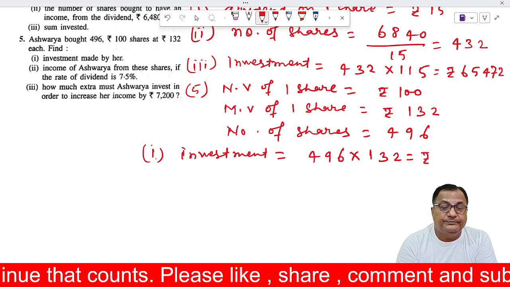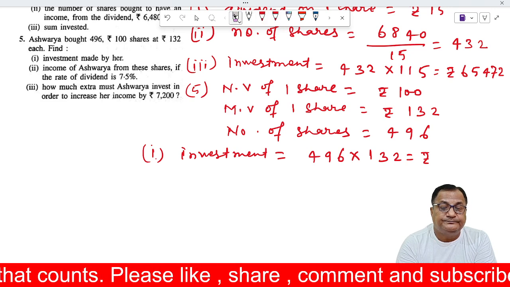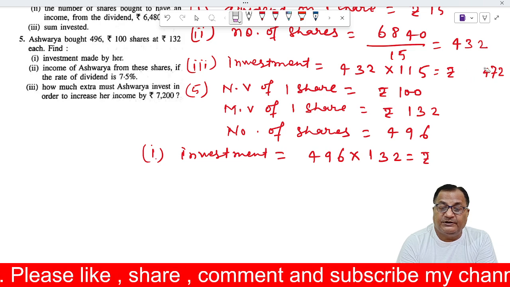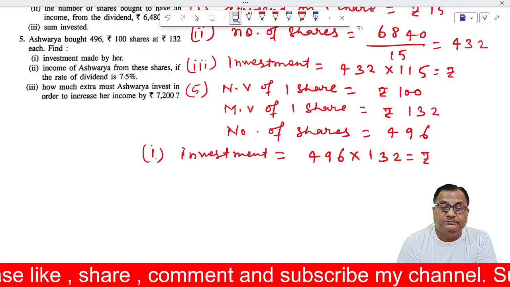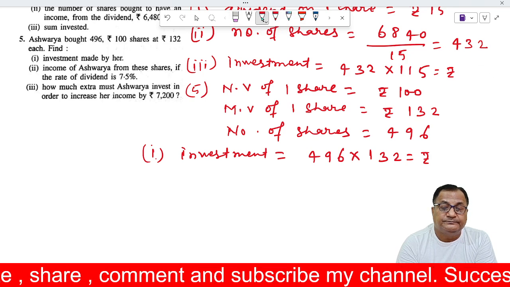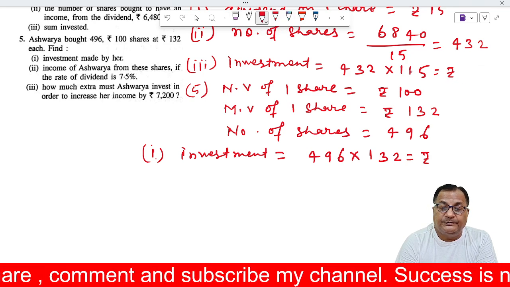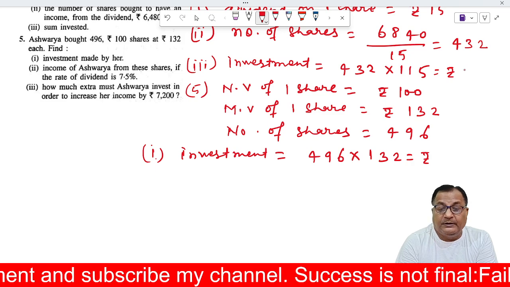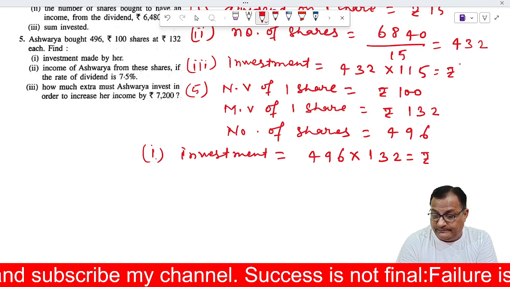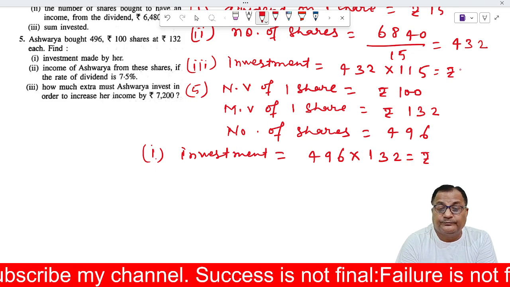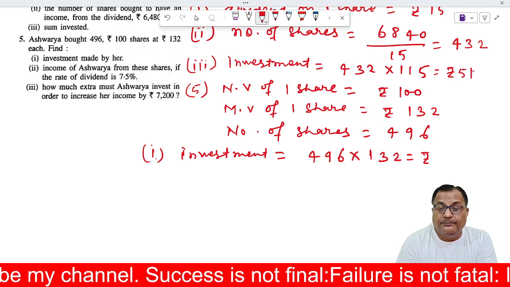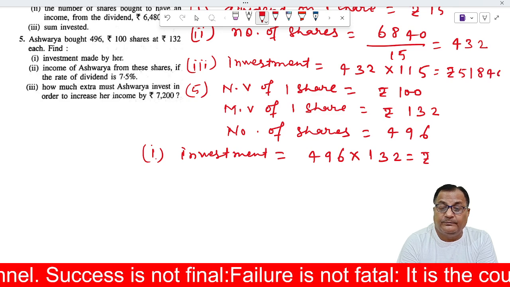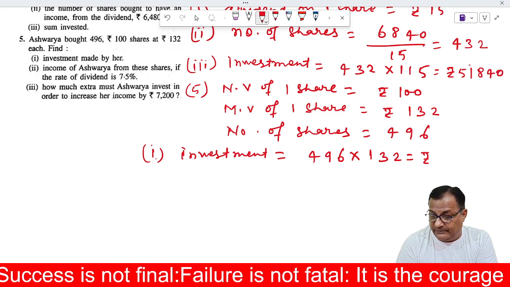This multiplication is wrong. If we multiply here, then we will get 51840.